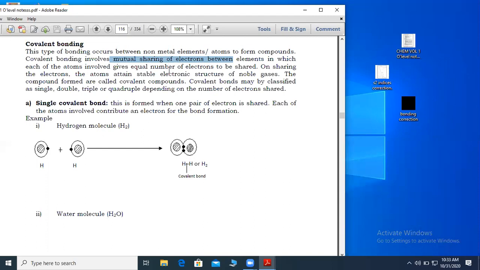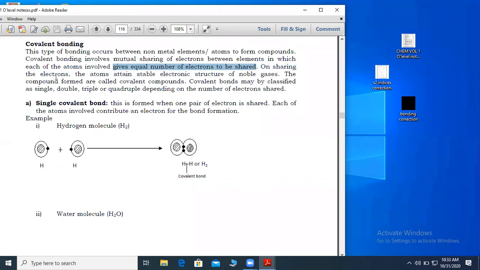The elements involved must contribute an equal number of electrons to the formation of the bond. Each of the atoms involved gives an equal number of electrons to be shared.